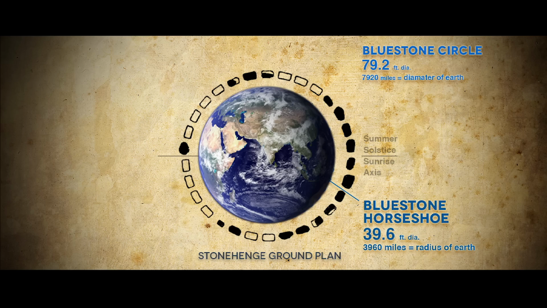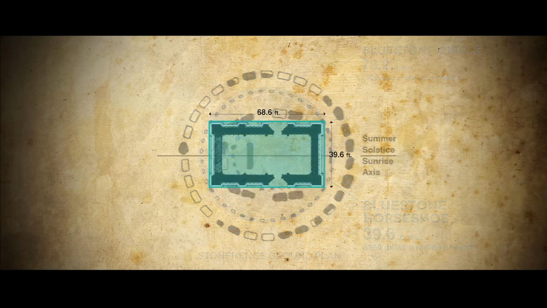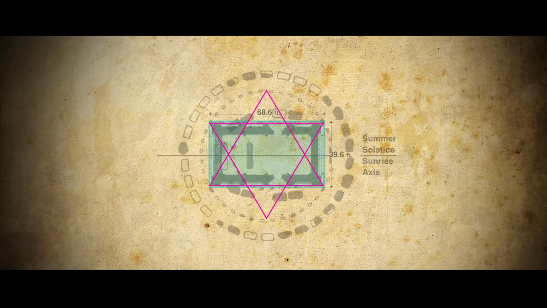So you see how the very same numbers are built in right there. And that 39.6 was the exact width of St. Mary's Chapel at Glastonbury. If you look at the underlying geometry of Stonehenge, you'll see that concealed in there is the Seal of Solomon, linking the size of these concentric circles to one another.